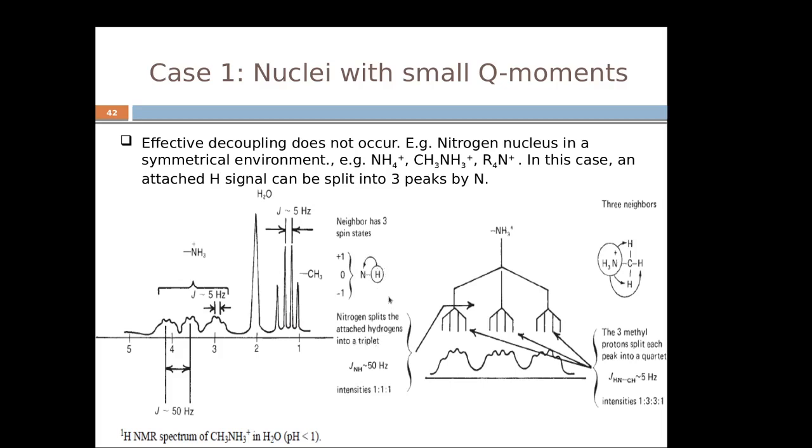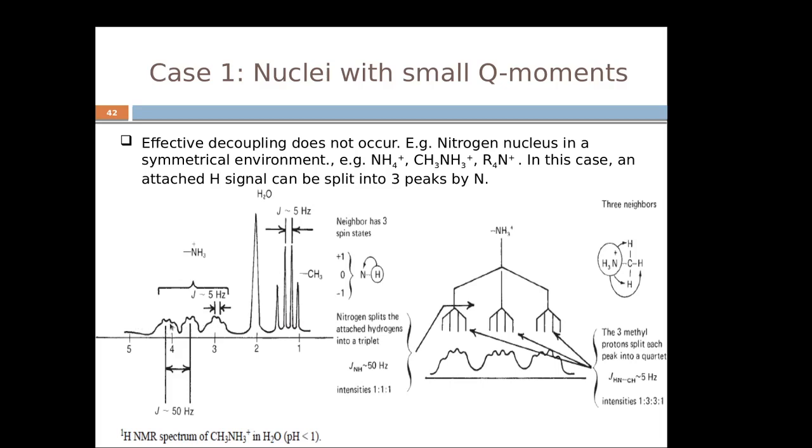Because it has to follow the 2nI+1 rule, and I is equal to 1 here and n is equal to 1, so 2nI+1 is 2 plus 1 is equal to 3. So the peak of the proton will get split into a triplet pattern with a 1:1:1 ratio. That's exactly what we see here.